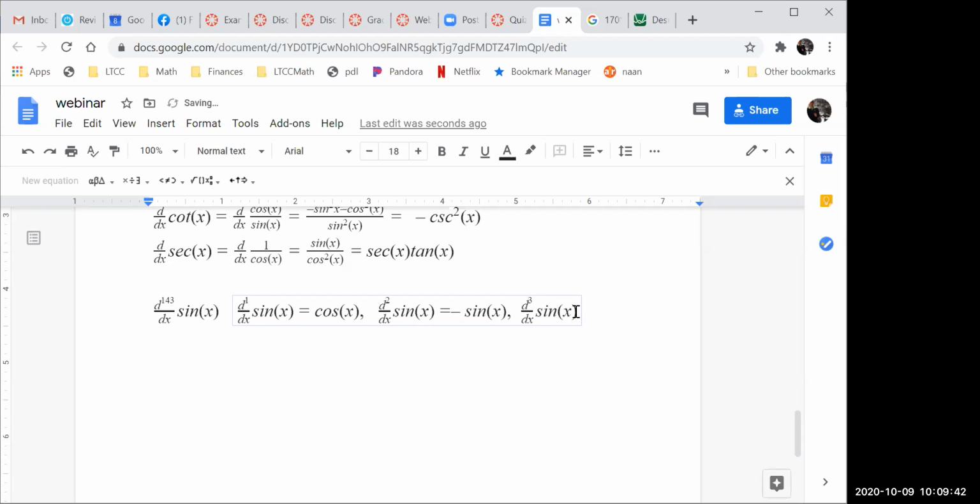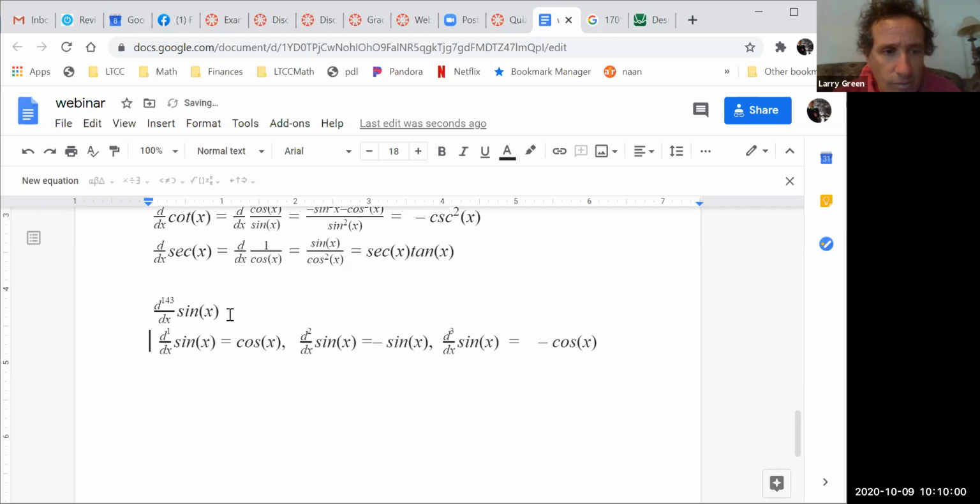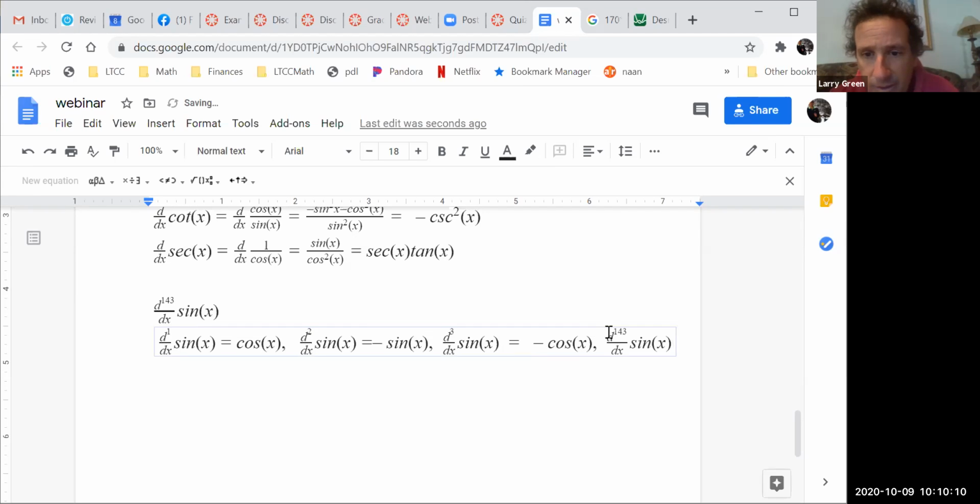What's the third derivative of the sine of x? So that's the derivative of negative sine of x. Yeah, negative cosine of x. What's the fourth derivative of the sine of x?